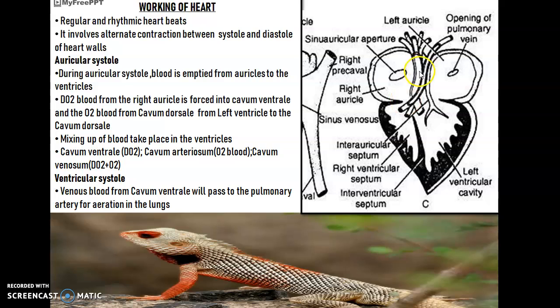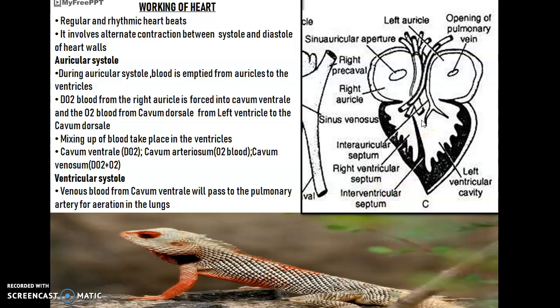The interauricular septum is able to differentiate the right and left auricle because a complete septum is present in between these two. But when we consider the ventricle, here it is incompletely divided due to the presence of an incomplete interventricular septum.